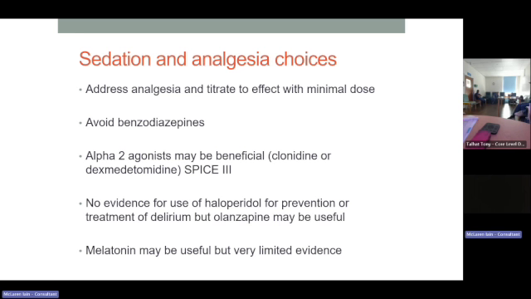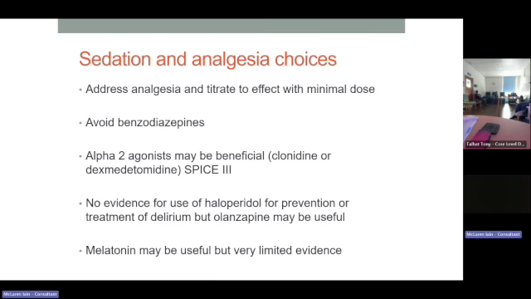So sedation and analgesia choices are important. We want patients that are comfortable, but with a minimal dose of analgesia. Avoid benzodiazepines if possible. There's been a lot of debate as to what the ideal sedative agent would be, whether it be propofol. We use a lot of propofol, although that in itself may have disadvantages in long-term use.